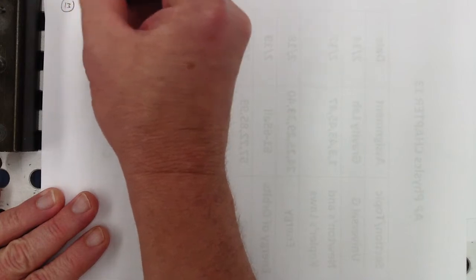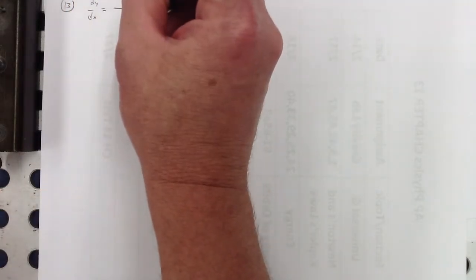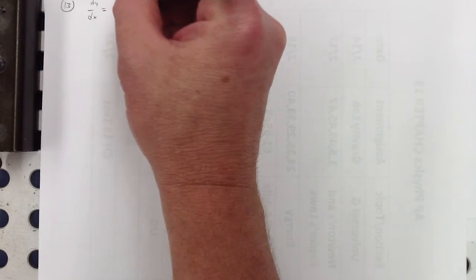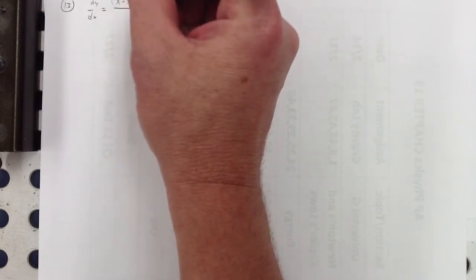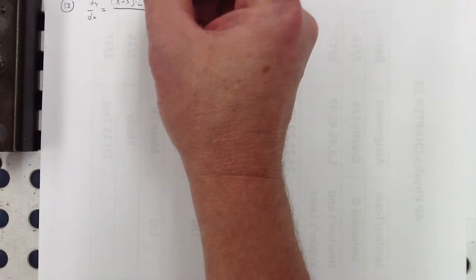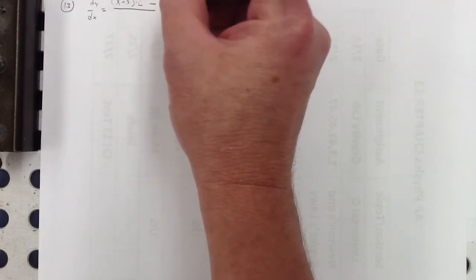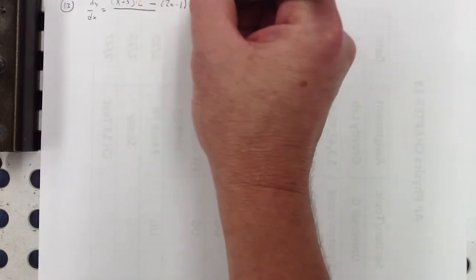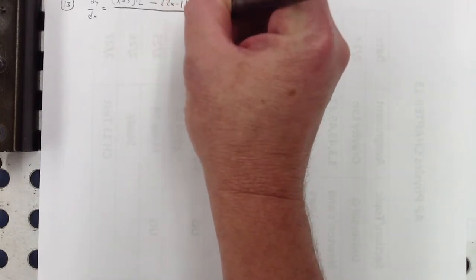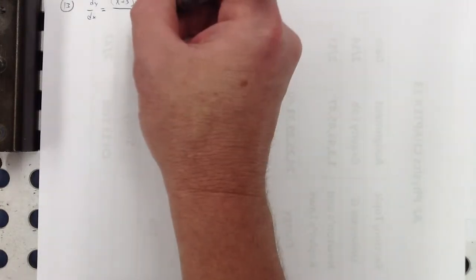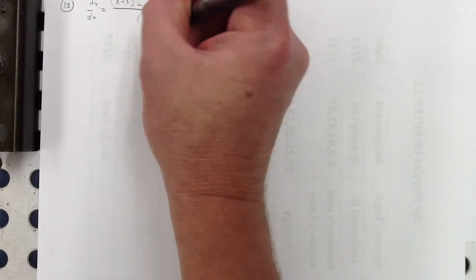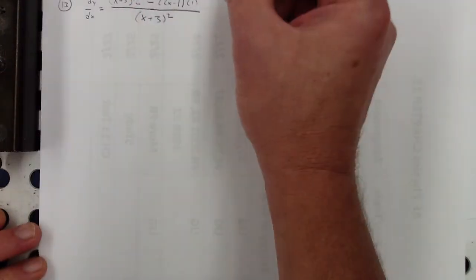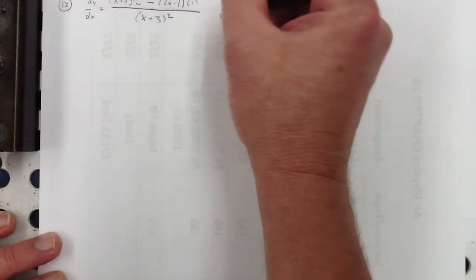That is, let's see, dy dx is going to be low d high minus high d low over low low. All right, and then dy dx at x equals 1 is, you want to simplify this first.